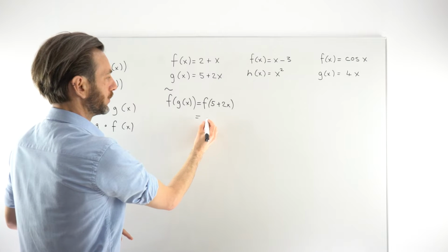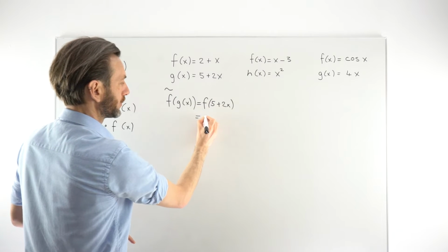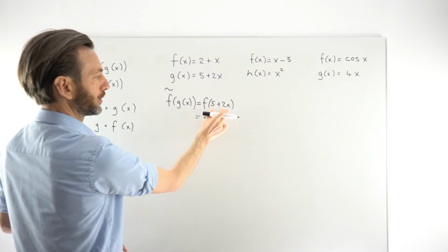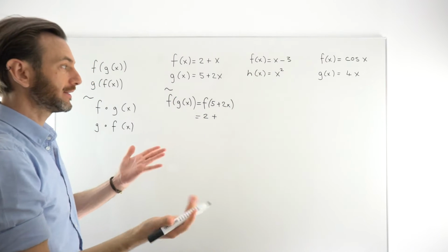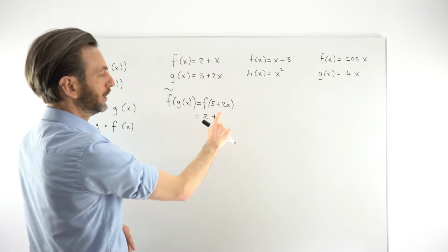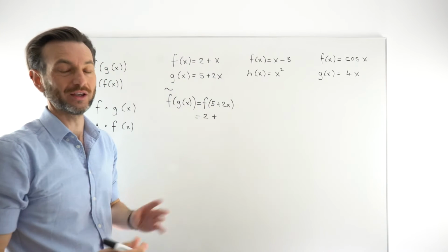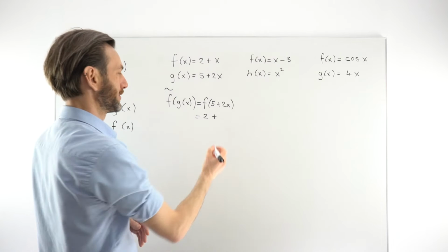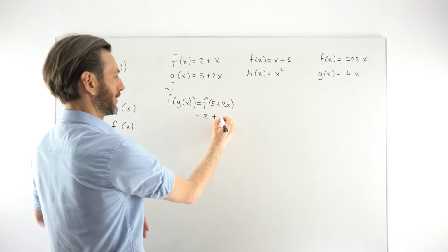So it's not 2 plus x, it's 2 plus all of that. Effectively we're replacing the x in the f function with 5 plus 2x. That's really all that composite functions come down to: replacing some of the terms in the expression.